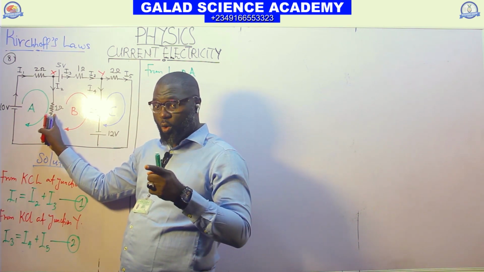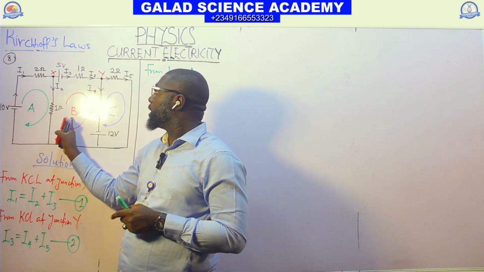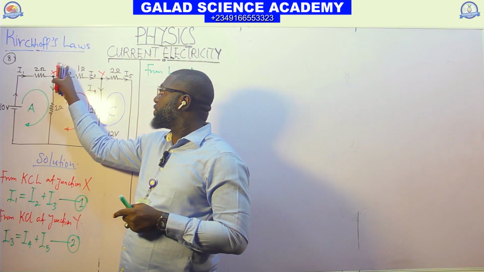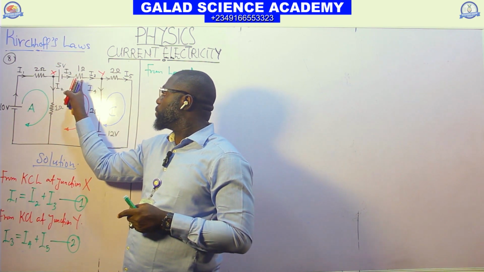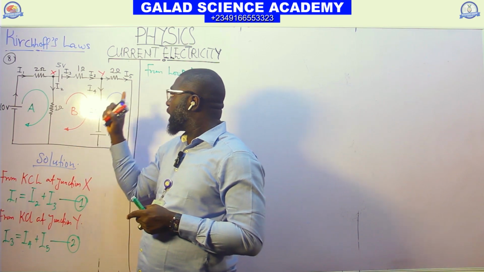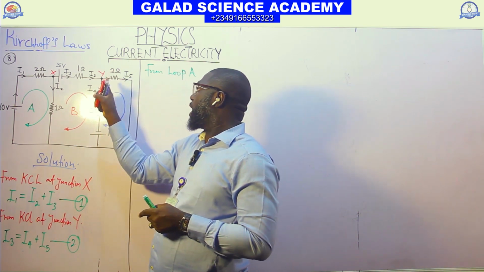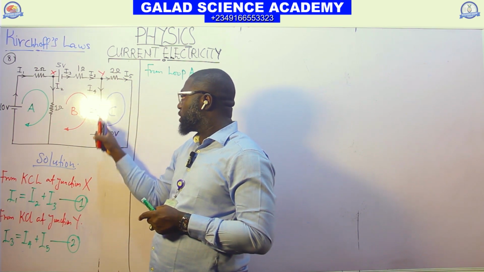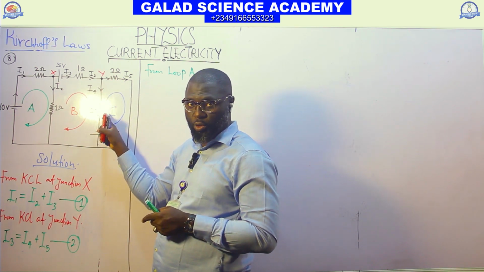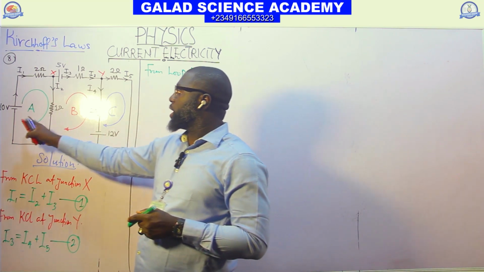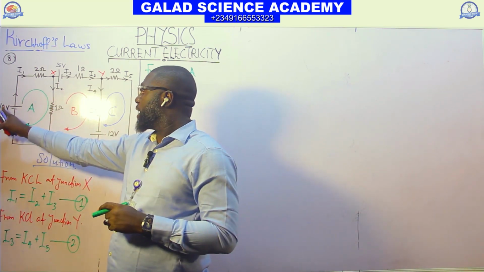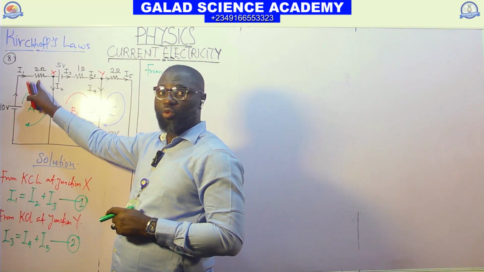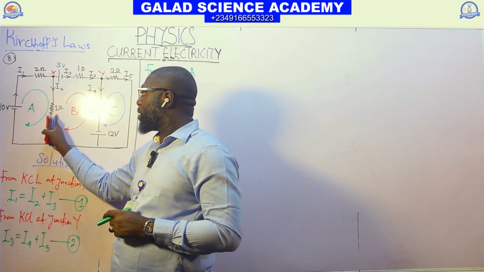If you are taking the loop of B, we have 5 volts, 1 ohm, and 2 ohms. Taking the loop of C, we have 2 ohms, 5 volts, and these 2 ohms. So for this one now, how many things are involved here? 10 volts, 2 ohms, 1 ohm.